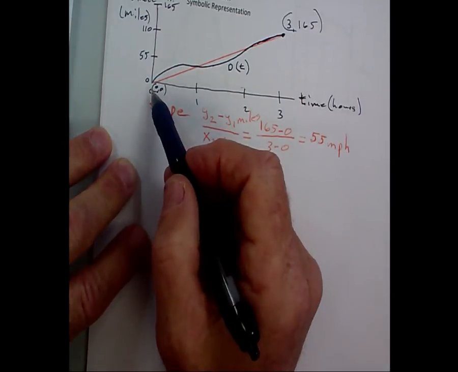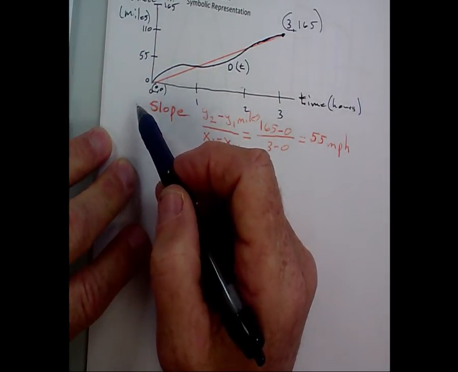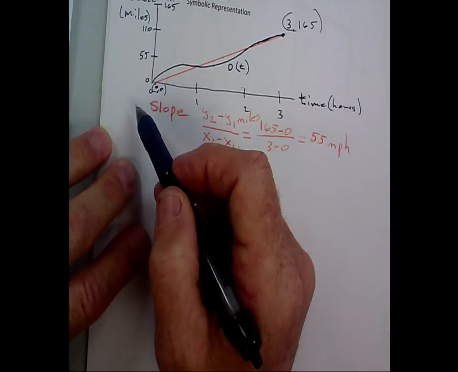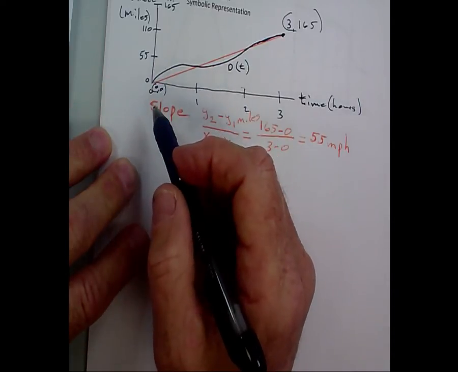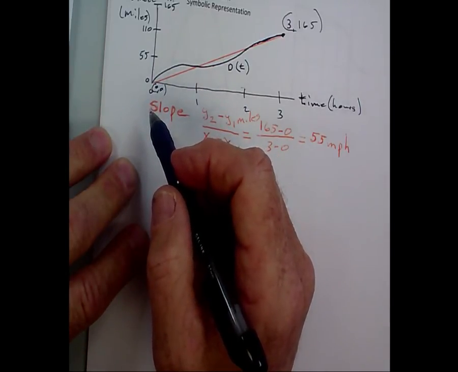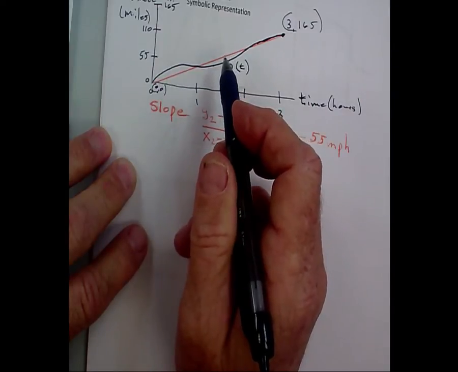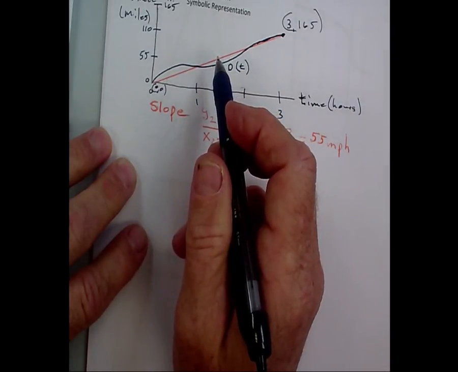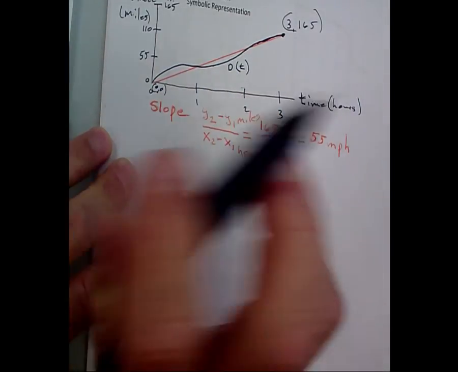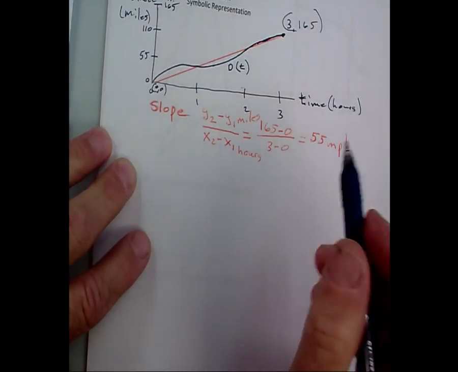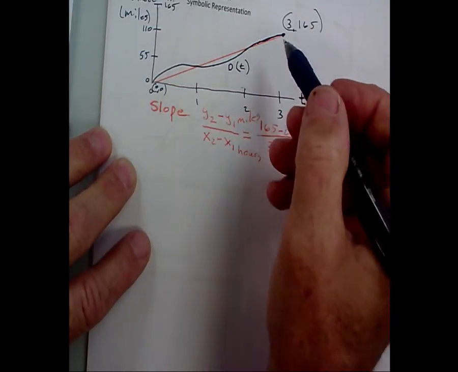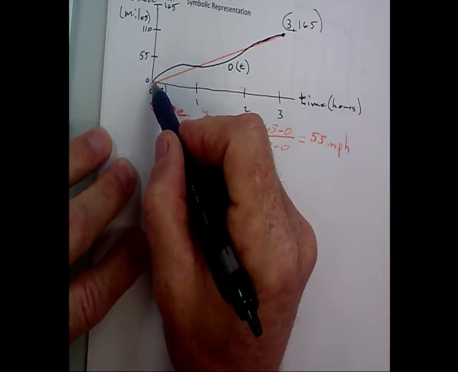Well, am I constantly driving that speed? In my diagram, am I constantly driving that speed? No, but the slope is constant. The slope is constant of that orange line. I would agree exactly with what you're saying. In terms of, I started at home.